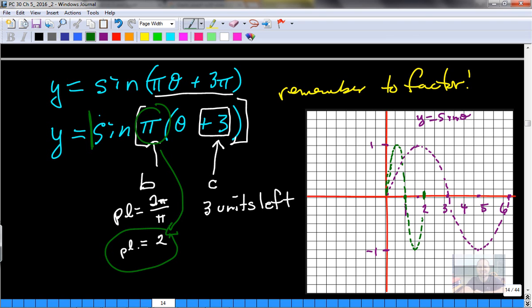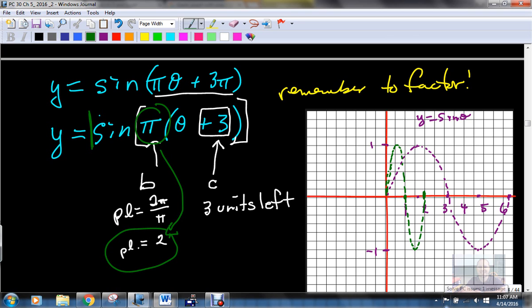I made that 1 unit quite high, but I think that works pretty good. So that's a period length of 2 instead of a period length of 2 pi. Are you okay with that so far? See what the b does?